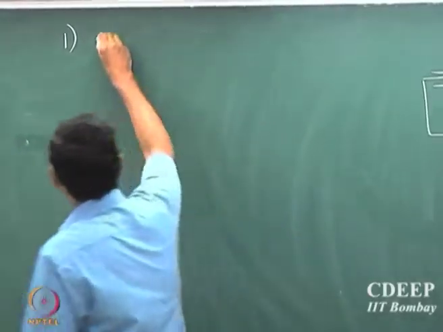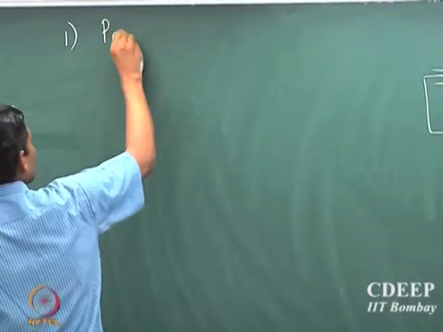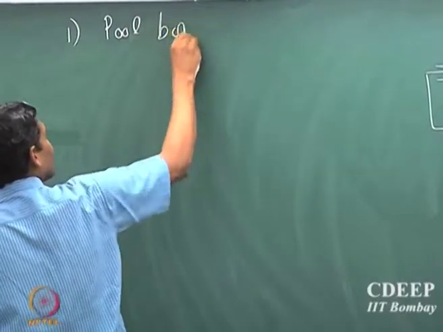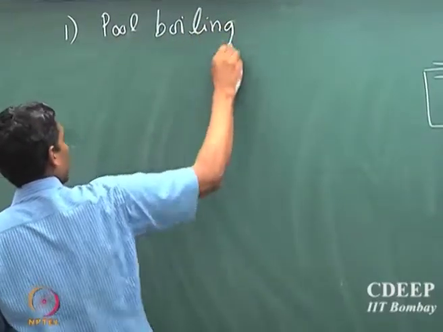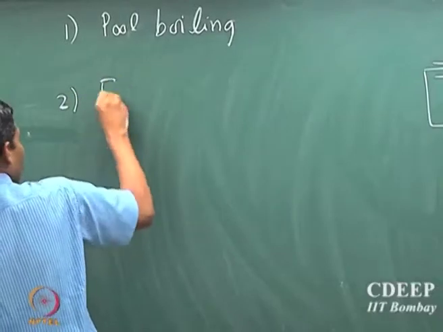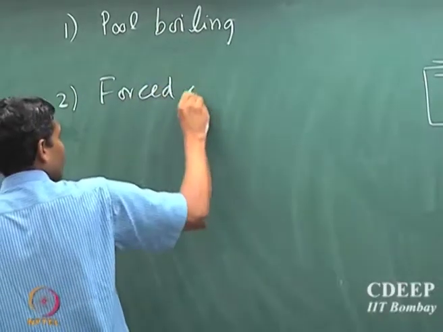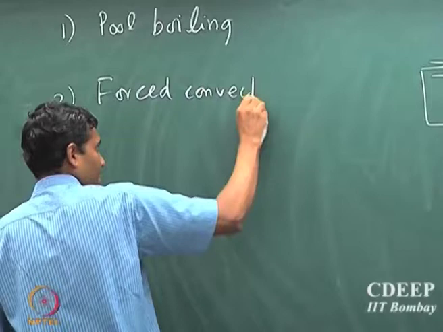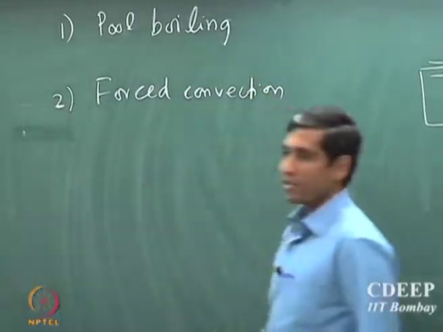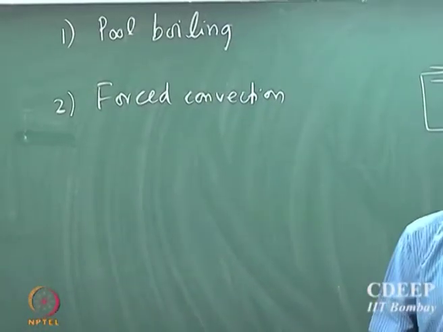So, there are 2 classes of boiling. One is called pool boiling and the other is called forced convection boiling. It might be a bit surprising to see forced convection here.